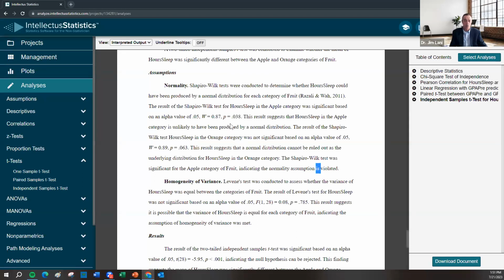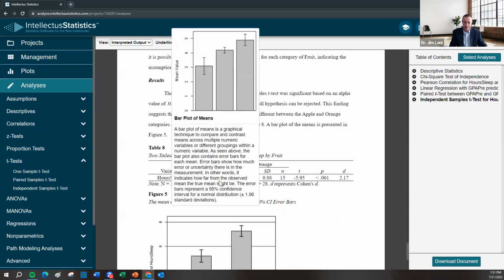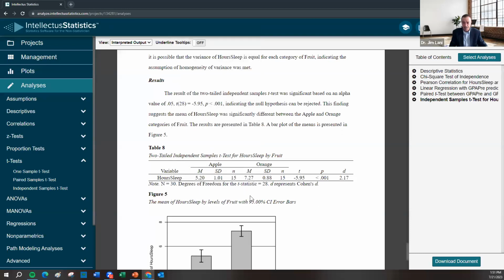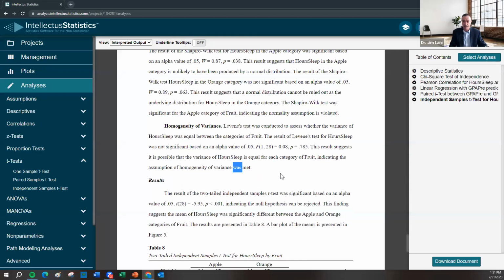When that p-value is less than 0.05, that indicates that the scores do not look like a bell curve, so that assumption is violated. Homogeneity of variance is another assumption, basically assessing whether or not those standard deviations are similar, or homogeneous. And here we can see that that assumption was met.